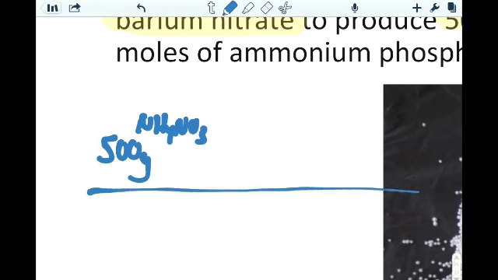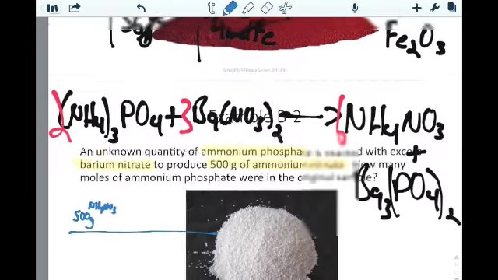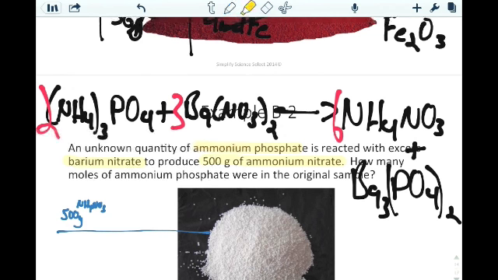That's what we're starting with. Let's look at the rest of the problem. We know we're starting with that, and we want to figure out how many moles of ammonium phosphate were originally in the sample. So here is our ammonium phosphate. We have 500 grams of ammonium nitrate.